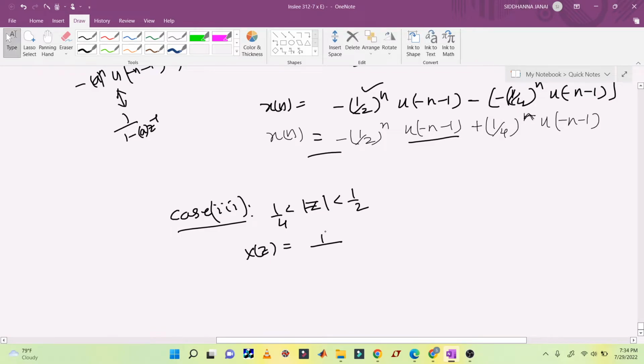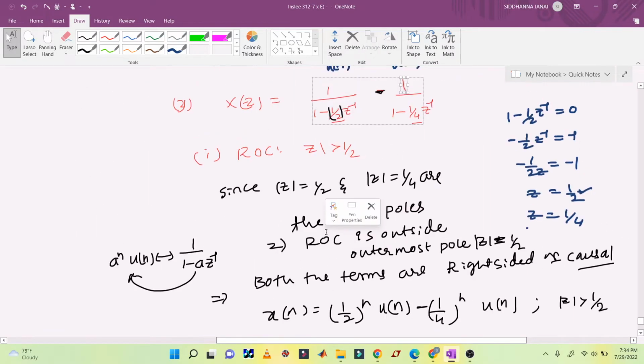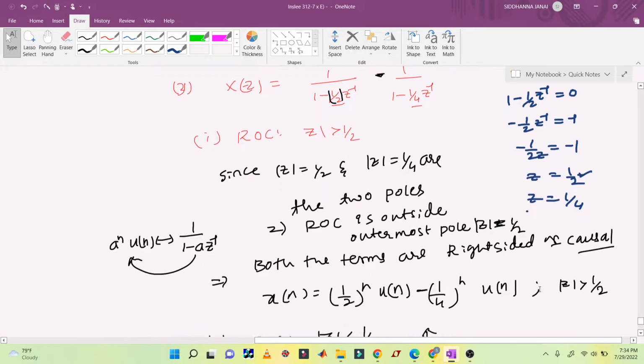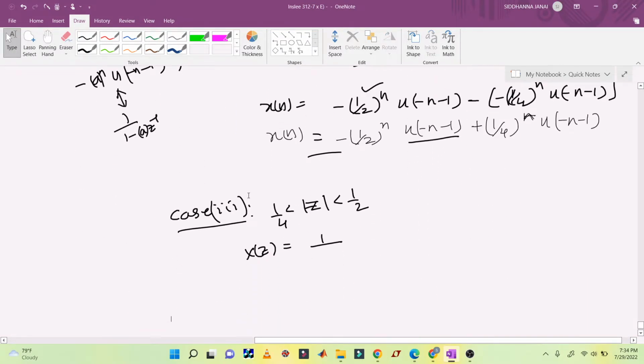X of z is 1 divided by 1 minus 1 by 2 z inverse minus 1 divided by 1 minus 1 by 4 z inverse. Correct? This is our x of z which we have found by partial fractions, the final answer for x of z.